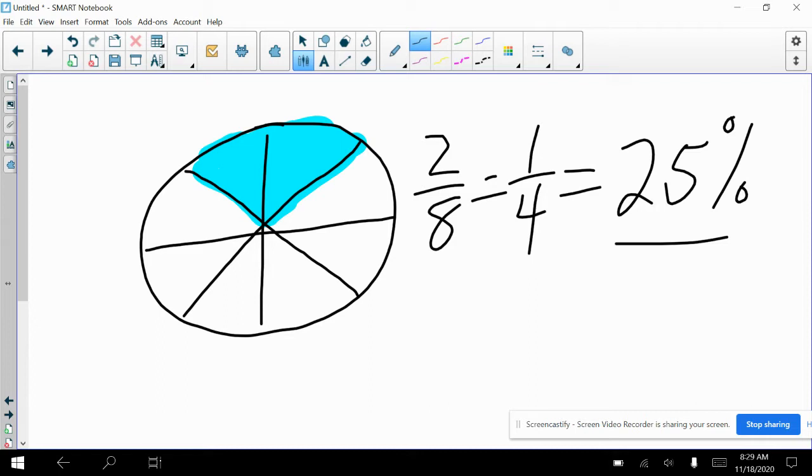So far, so good? Everybody good? It doesn't have to be a base 10. It can be anything. Remembering that the bottom number is how many parts make up a whole object, and in this case, the numerator generally is what is shaded in. Now you got to read the question just to make sure, but generally it's what's shaded in.